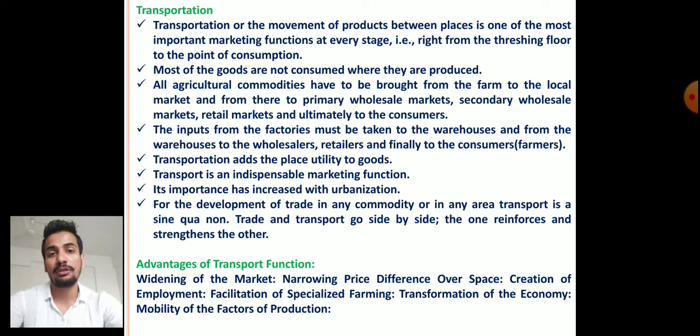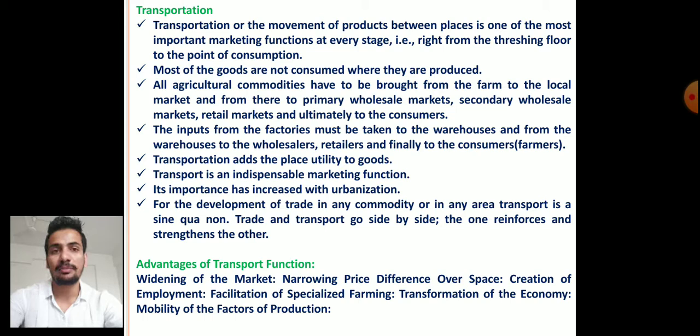Next, as we know, transportation adds place utility to the goods, as we have learned in the second semester course, that is Principles of Agricultural Economics. So transportation adds place utility to the goods.